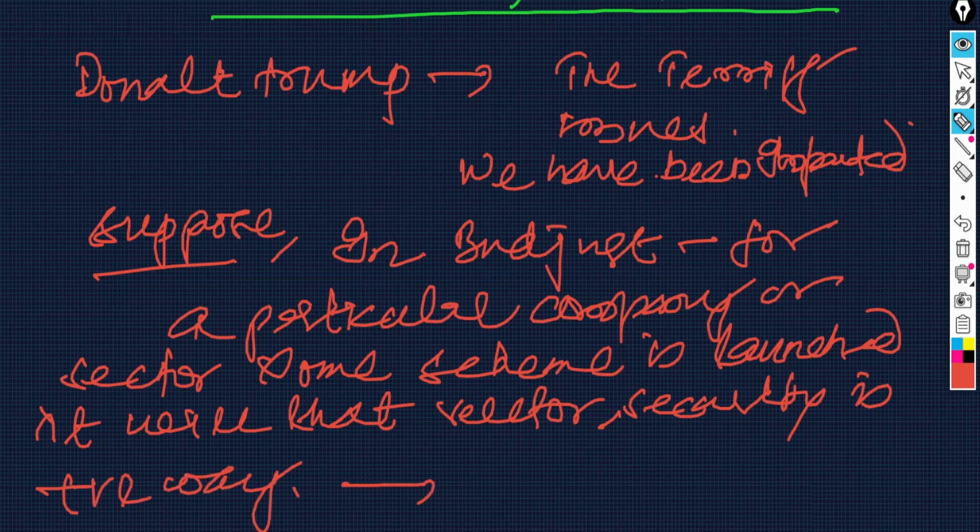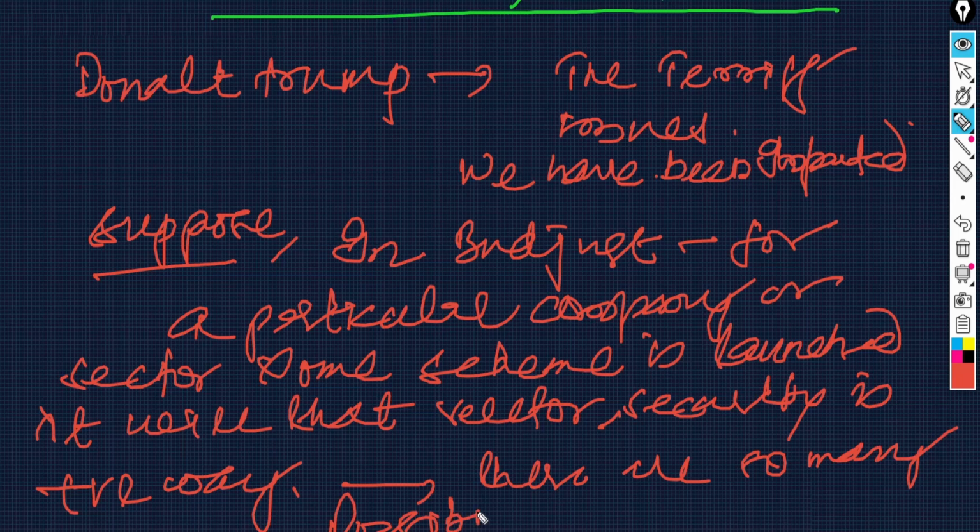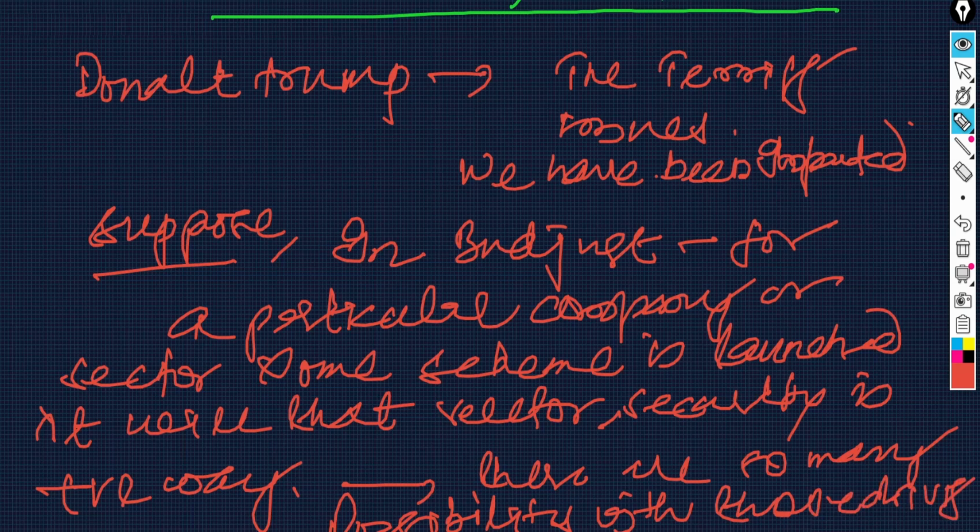So there are so many possibilities with this driving factor.